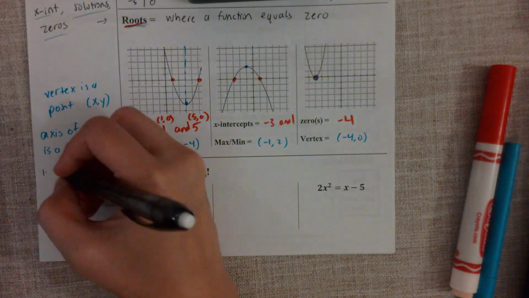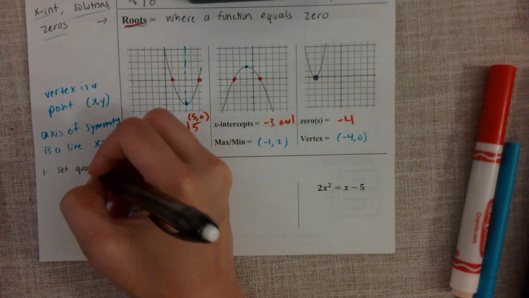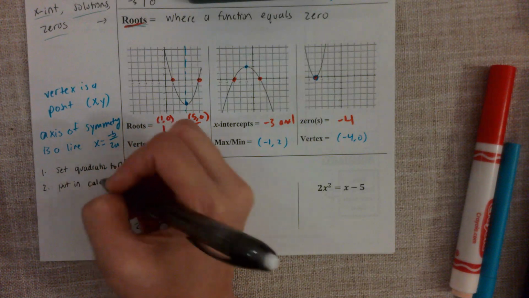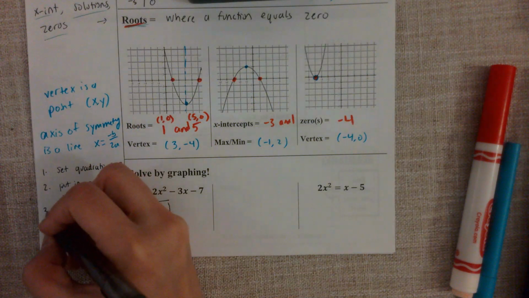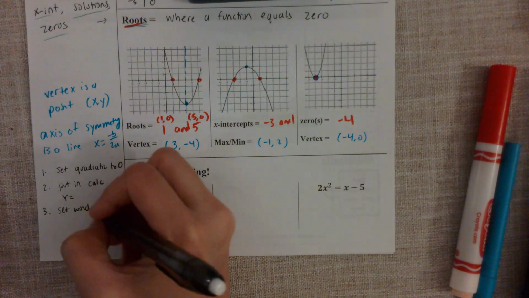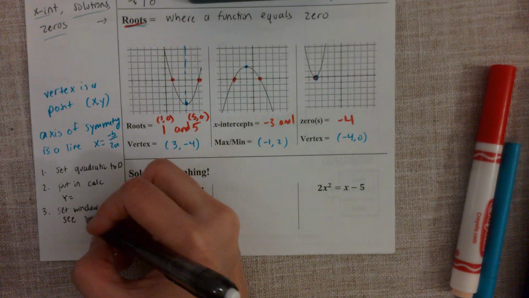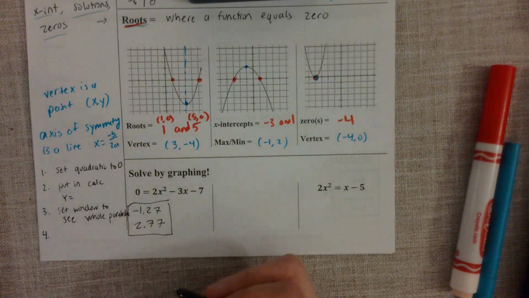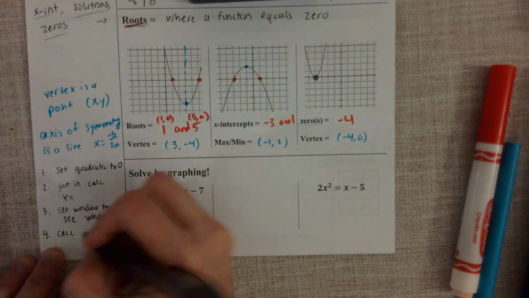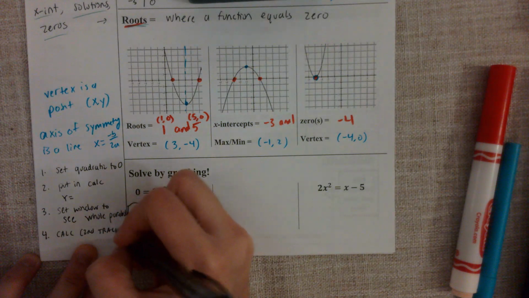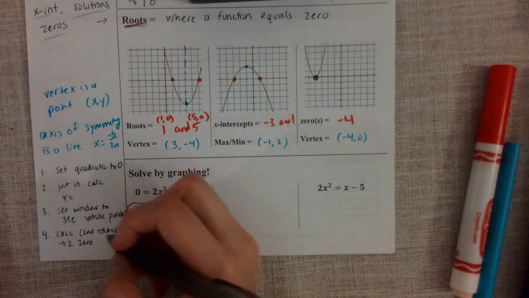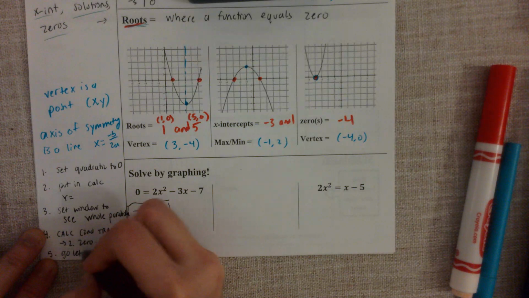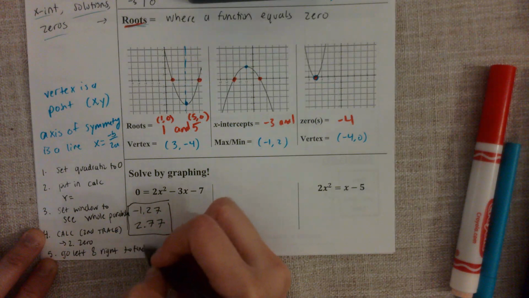So 1, set quadratic to 0 to put in calc. 2, y equals. 3, set window to see whole parabola. 4, calc, which is second trace, 2, which is 0, and then 5, go left and right to find 0.